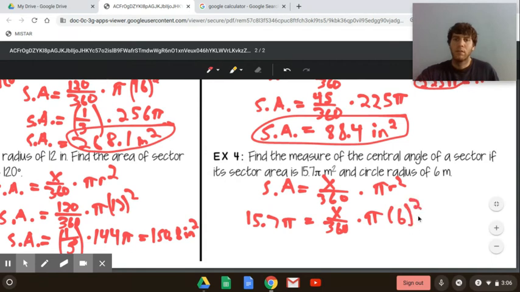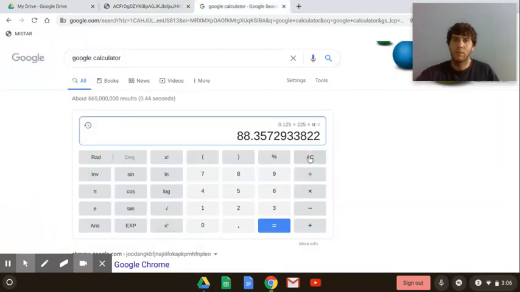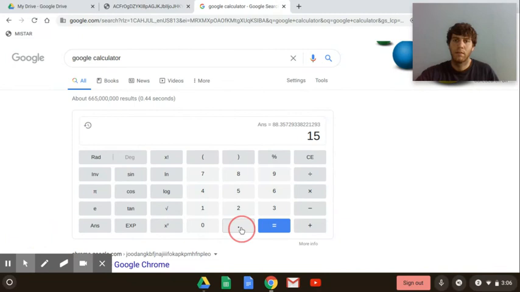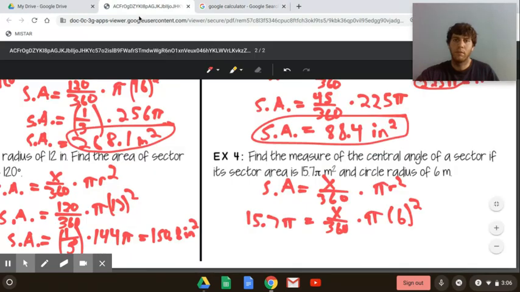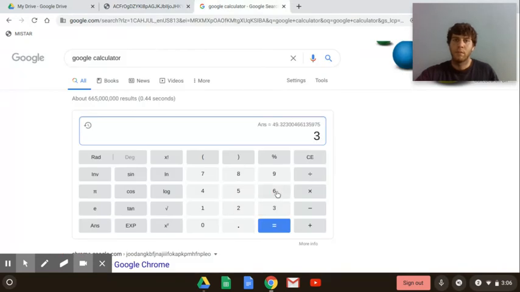So you can just find everything on each side first. So 15.7 times pi, which is going to be 49.3. So on the left side, we have 49.3. On the right side here, we have 6 squared times pi, and then we have to divide by 360. So that's going to be 36 times pi.